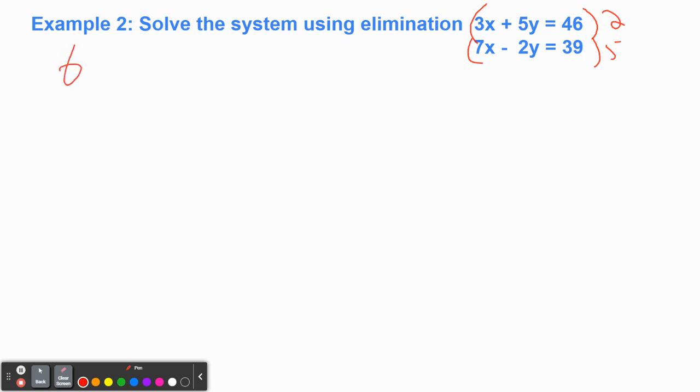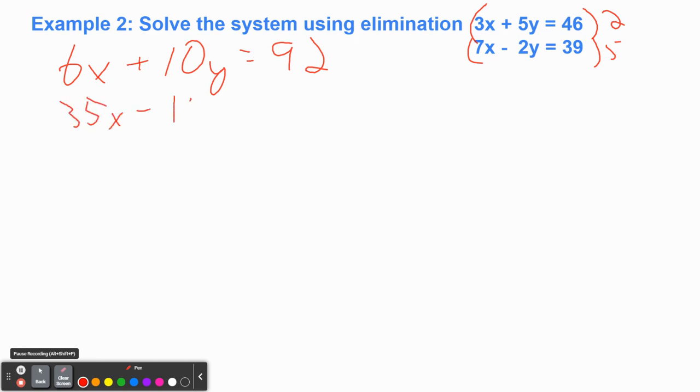Let's do the top first. 6x plus 10y equals 46 times 2 should be 92, I believe. And I'll multiply the bottom by 5. I've got 35x minus, and I've got 10y, that's going to work out really nicely, equals 195. 5 times 39, don't expect you to know that off the top of your head.